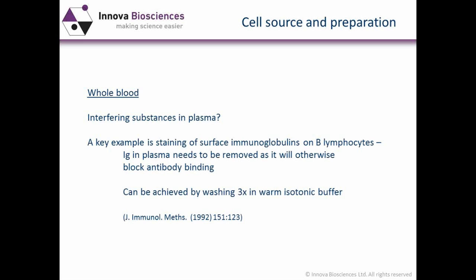This is simply overcome by washing the red cell blood sample so that you remove the immunoglobulin before staining. The simplest way of doing this is washing it 3 times in a warm isotonic buffer.